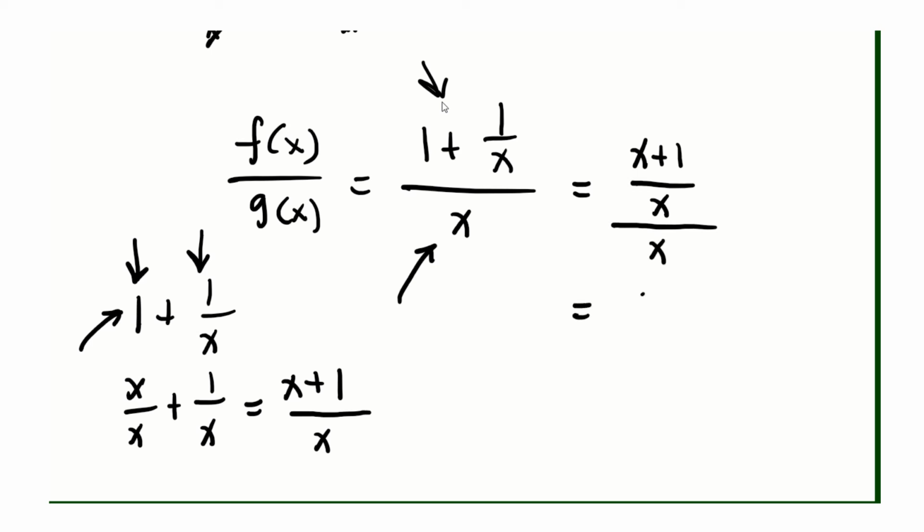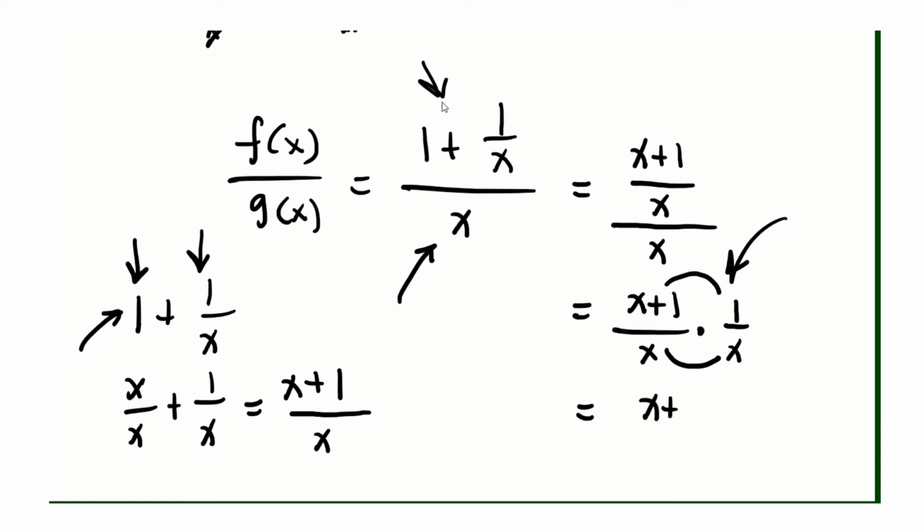And from here you now do the flipping of the x, or the multiplication of the reciprocal of x. So that's times 1 over x. And then numerator to numerator, denominator to denominator, this is multiplication. So x plus 1 times 1 is x plus 1. x times x is x squared.